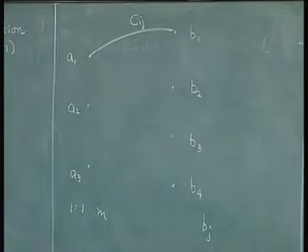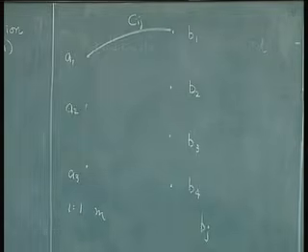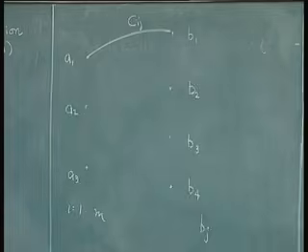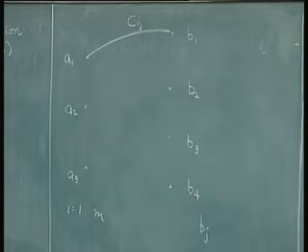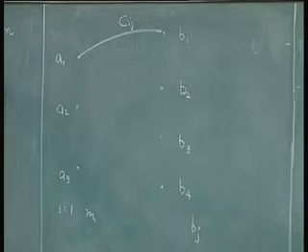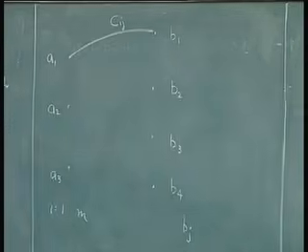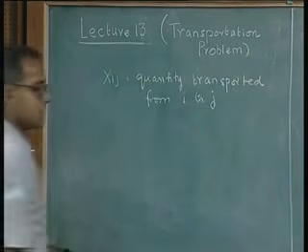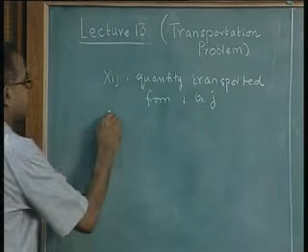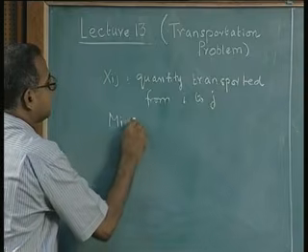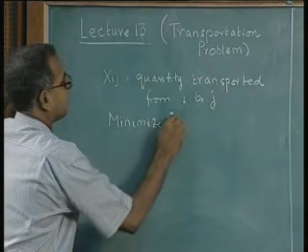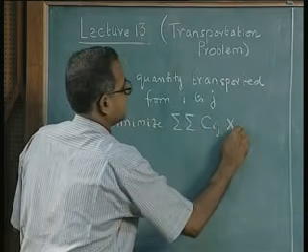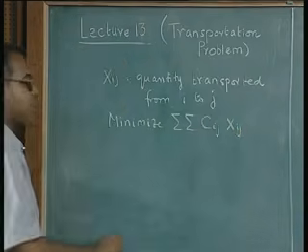transportation. The problem is formulated as Xij is the quantity transported from supply point i to destination point j. The objective function is to minimize the total cost of transportation, sum of Cij Xij, subject to supply constraints.